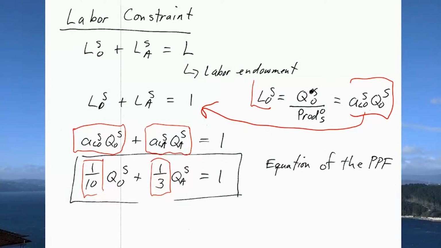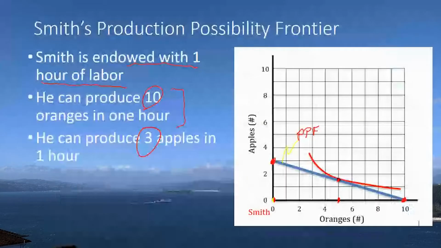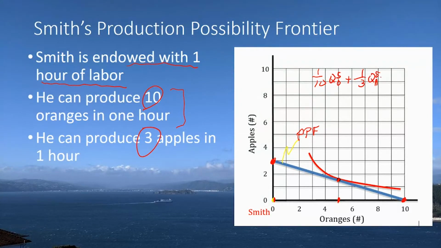But we've also got incorporated in there some terminology, some economic concepts like the labor endowment, like unit labor requirements, like productivities and production functions defined in a very, very simple way. So out of this one simple straight line, we get a way of writing the equation. Again, 1/10 quantity of oranges by Smith plus 1/3 quantity of apples by Smith is equal to 1.